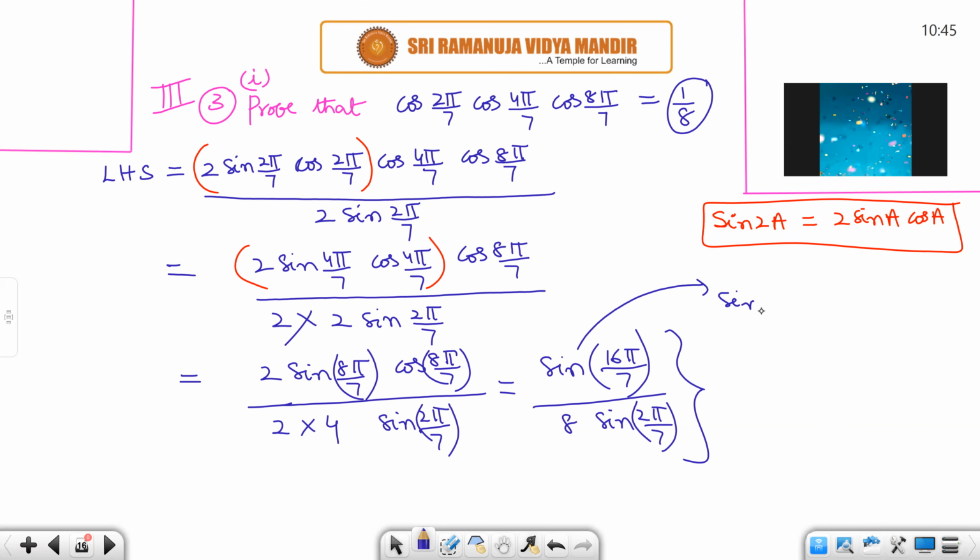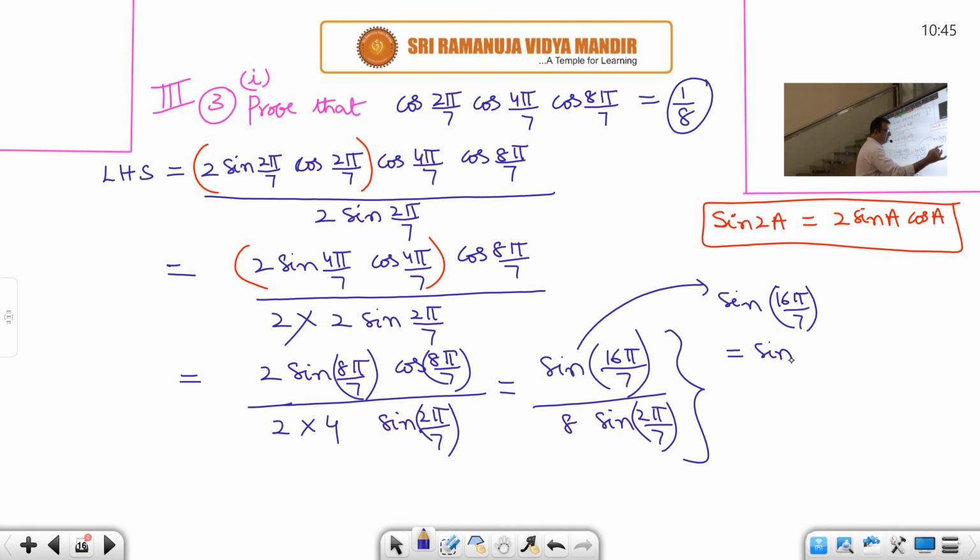Sin 16 pi by 7 can be written as sin of 14 pi plus 2 pi by 7. So going forward, 14 pi by 7 is 2 pi, plus 2 pi by 7. So what is sin of 2 pi plus theta, Madhuri?